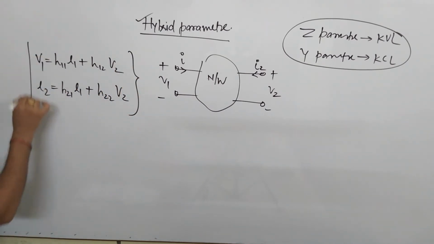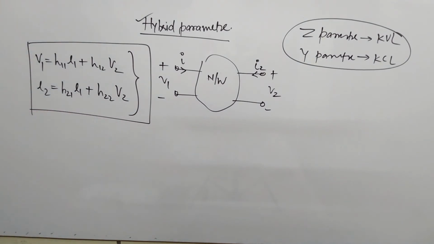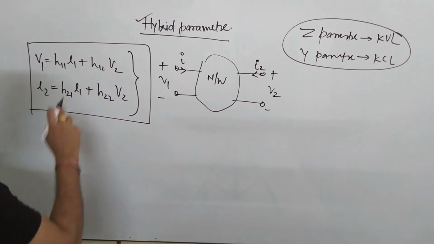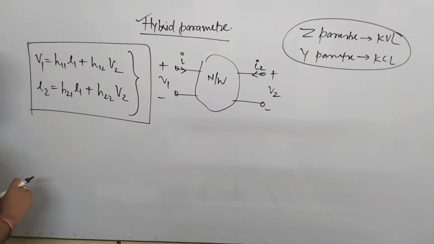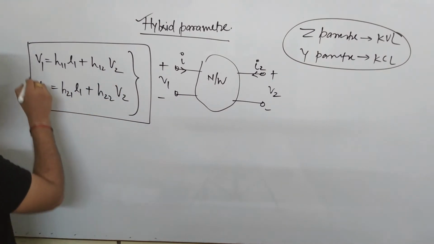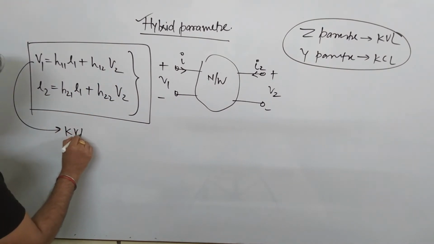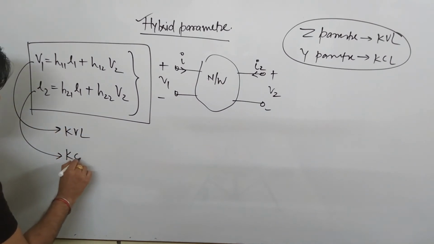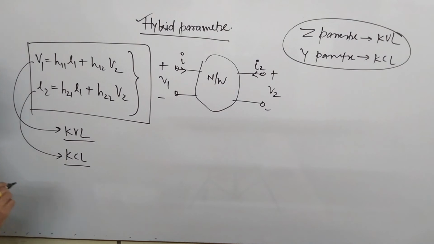Very important equations. These two equations are known as the hybrid parameter equations. The first represents a KVL equation, and the second represents a KCL equation. In Z parameters it was only KVL, in Y parameters it was only KCL, but with hybrid parameters the equations are in the form of KVL as well as KCL. Your first equation is KVL, the other one is KCL.